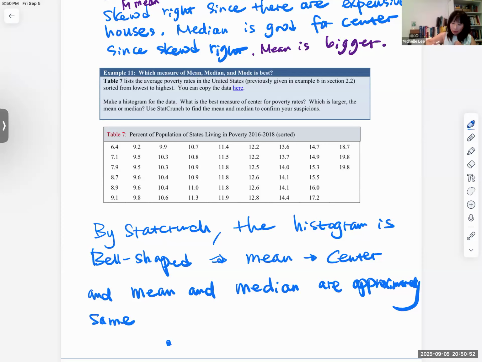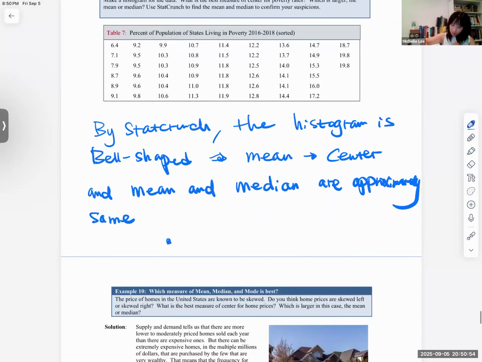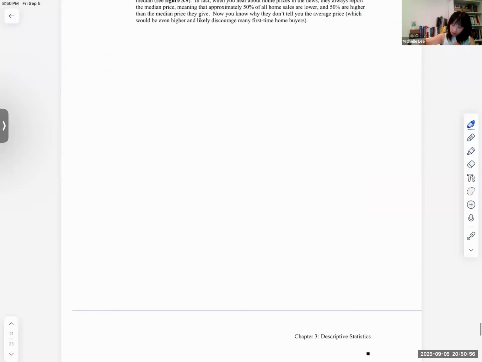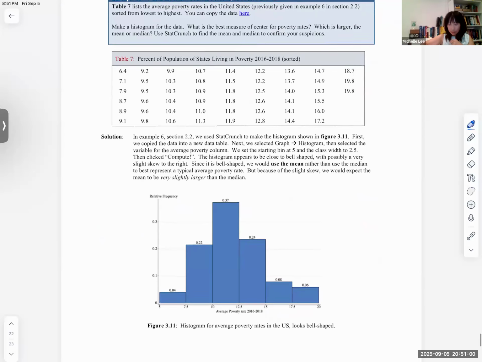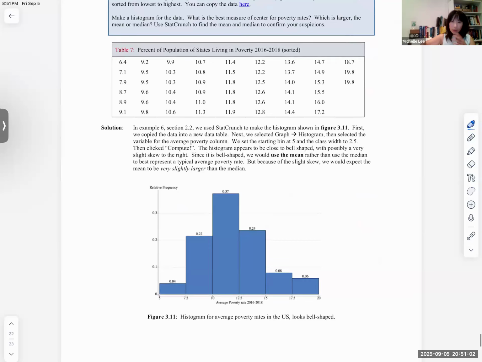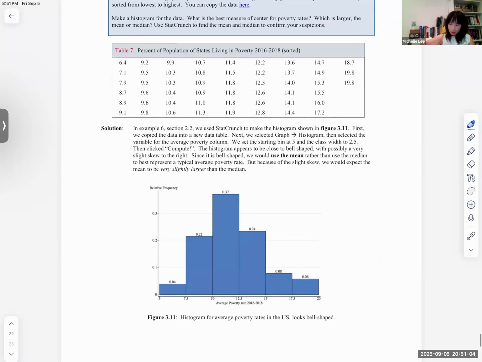I want to bring that histogram. Maybe it is here. Yeah, here we go, here is the histogram. Okay, then let me arrange this. I can put the mean and median here.